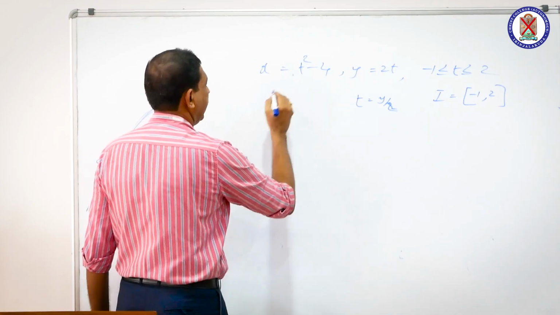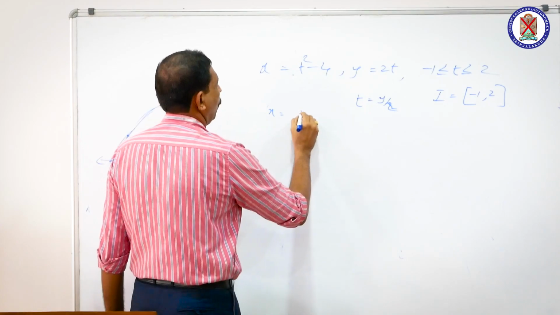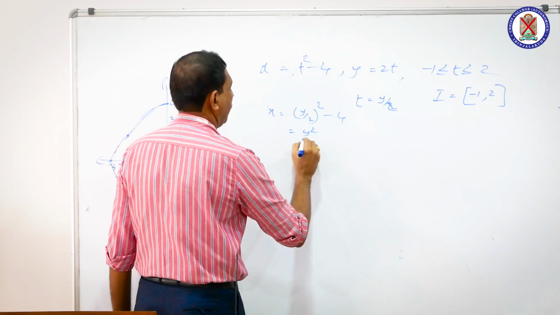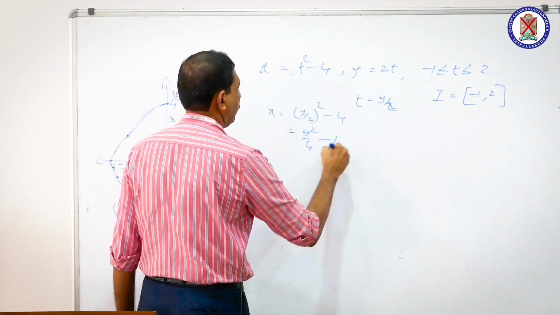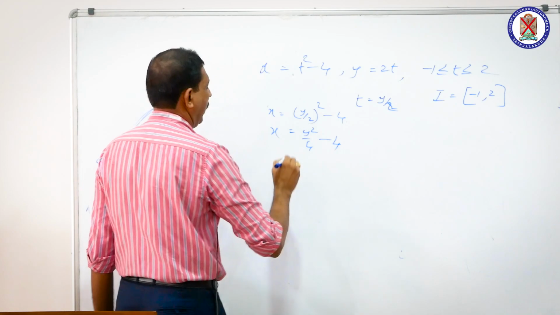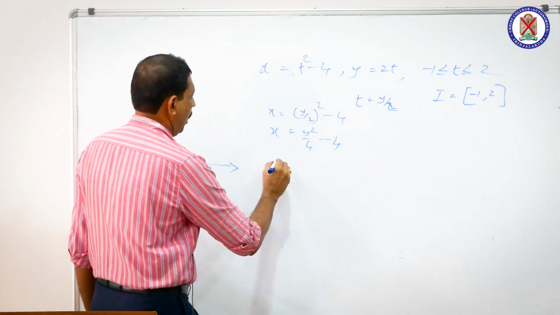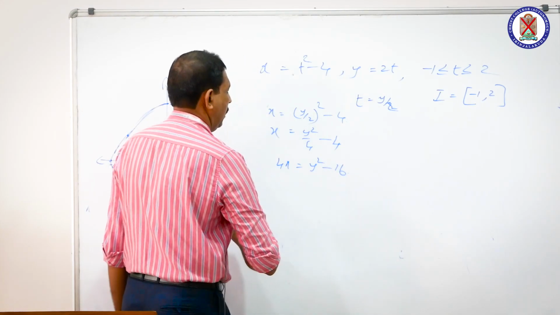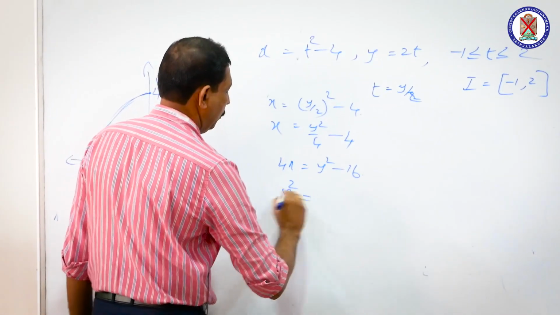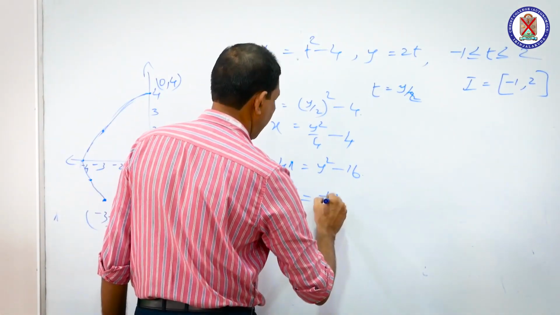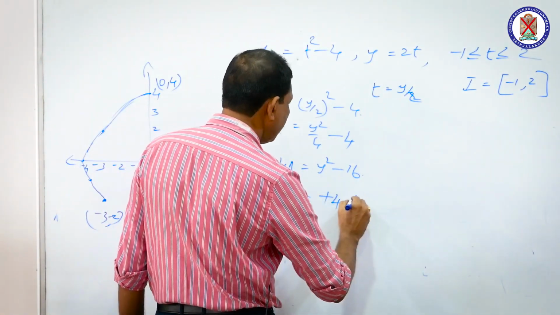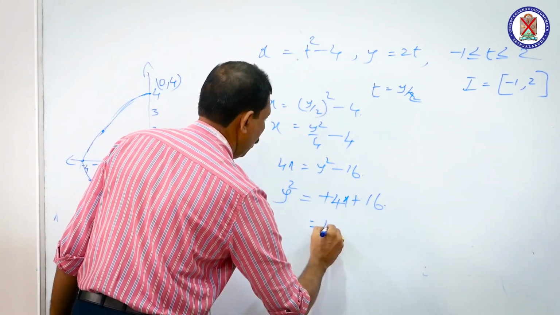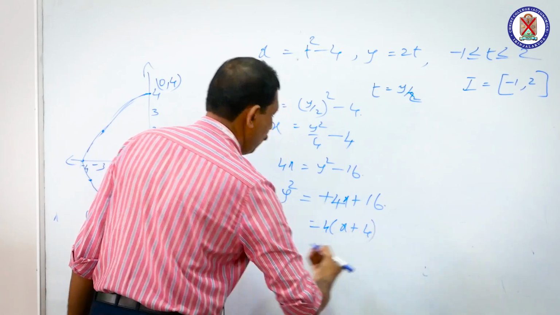Substitute that y by 2 here, we will get x is equal to y by 2 square minus 4, that is y square by 4 minus 4. That is x is equal to y square by 4 minus 4, or 4x is equal to y square minus 16, or y square equal to 4x plus 16, or 4 into x plus 4.